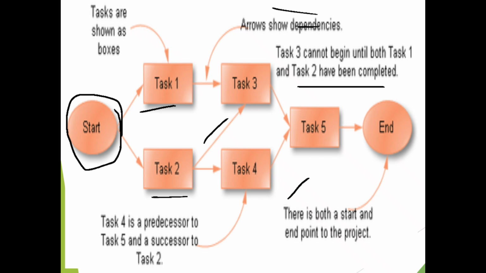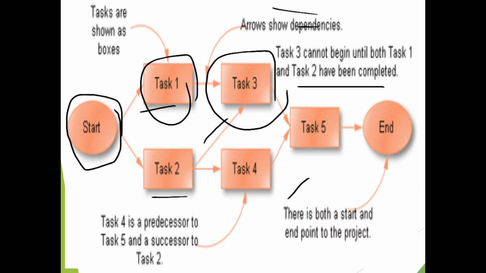So task 3, at all costs, cannot begin unless this task and that task are completed. You can see that after completion of task 1 it comes to task 3, and after completion of task 2 you come to task number 3. That is what we need to understand.